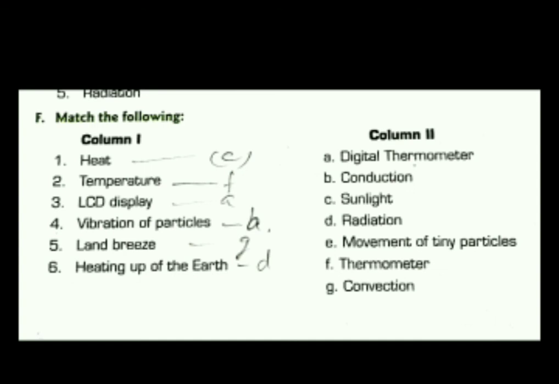Both are related with heating up the earth, because heating of the earth is mainly due to sunlight, and sunlight reaches us by the process of radiation, because between the sun and the earth there is a vacuum, there is no medium. But in my opinion the best suitable option is D, heating up of the earth is related with radiation.